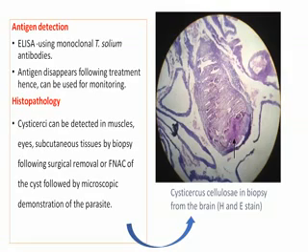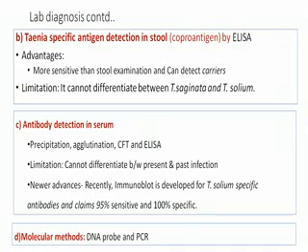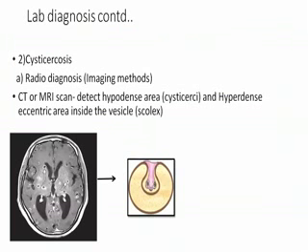In case of cysticercosis, the first modality of investigation is CT or MRI. From here, we can identify some hypodense areas, and within that there will be hyperdense areas.